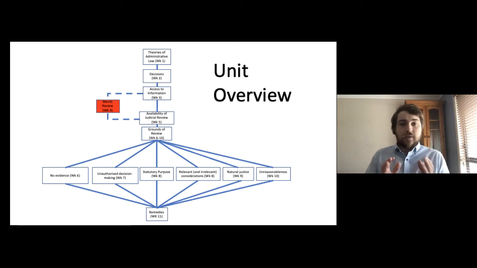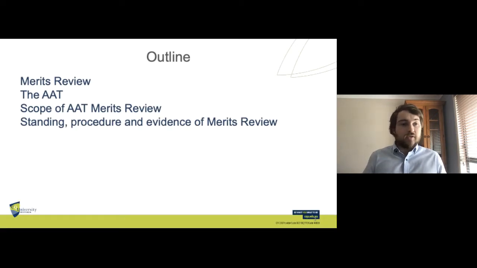So in this week, we're talking about merits review, and I'll begin with a fairly detailed comparison of the two forms of review. And then we'll spend the rest of the video talking about what merits review is, the kinds of decisions that can be reviewed under merits review, and the process and procedure for doing so. So we'll start off by talking about what is merits review.